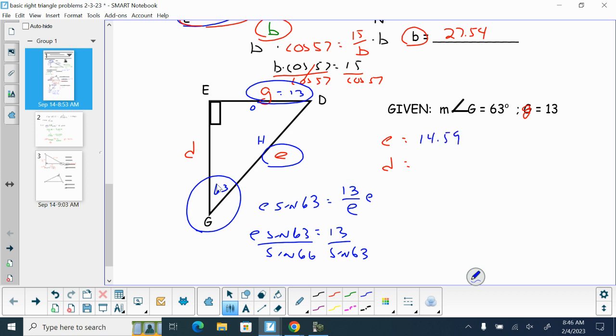And then for D, which trig ratio relates the side we know, the side we want to find, to the angle we know? That would be opposite over adjacent.